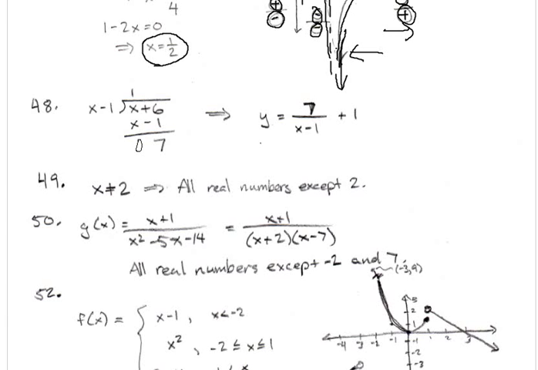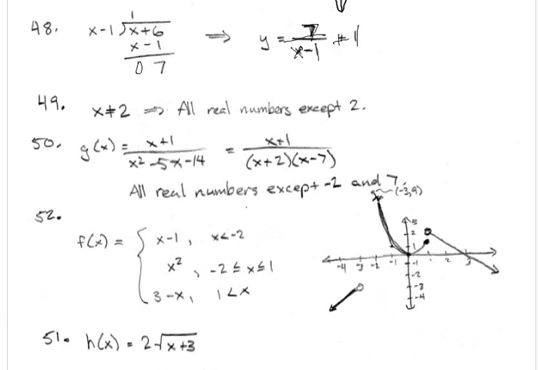So we have y equal to 7 over x minus 1 plus 1, where 7 is our remainder when we divide x plus 6 by x minus 1. I slowed down there a little bit because I'm not used to actually seeing it this way.